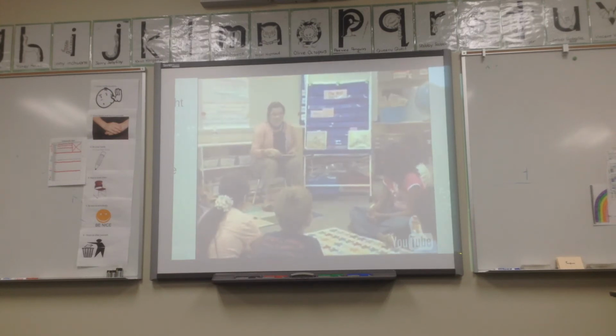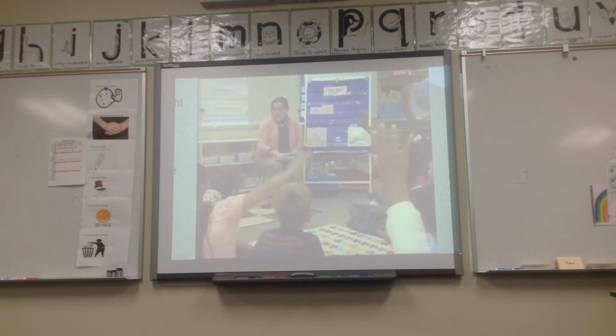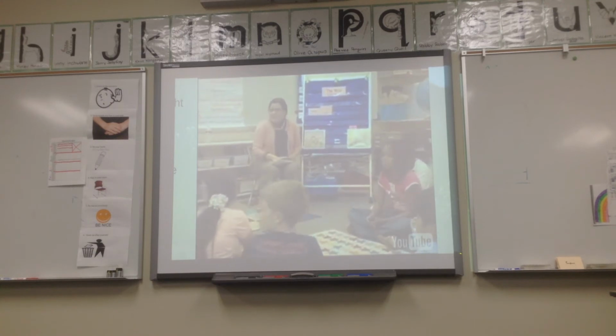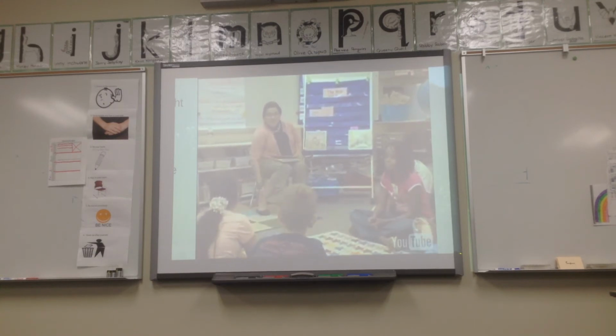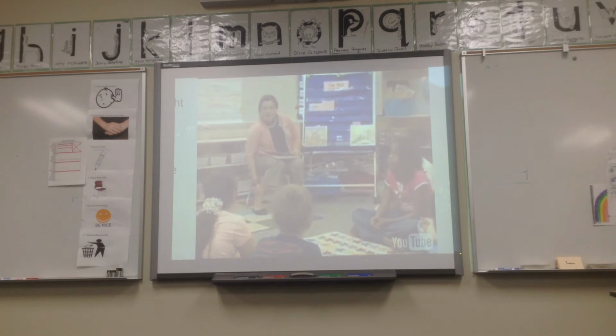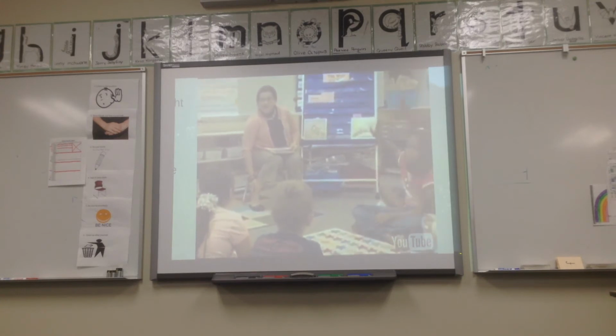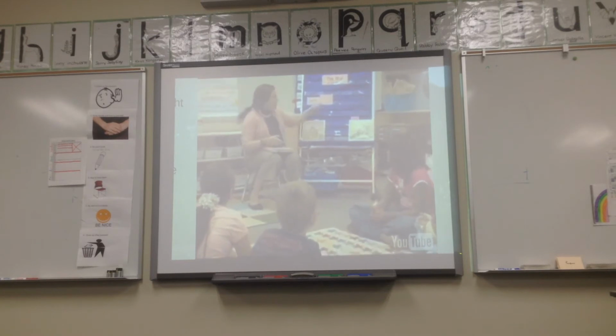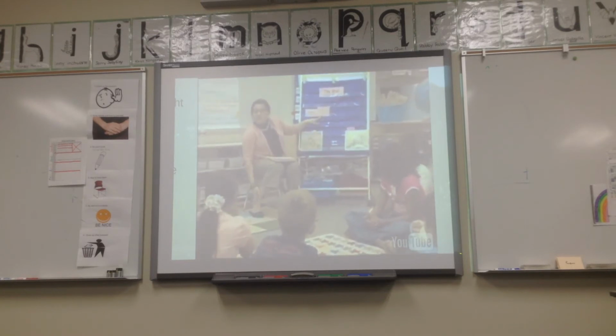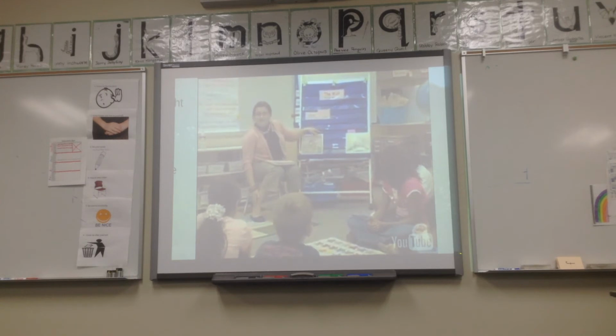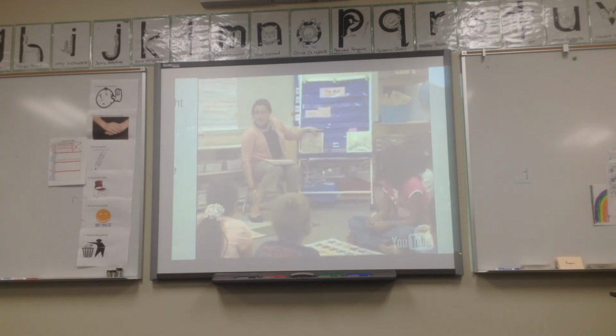Can anybody think of another example of a time we would use bear? Brianna? Bare feet. Oh, your bare feet. And if you had bare feet, what would that mean? Jamal? You wouldn't have no shoes or socks on. Yeah, no shoes or socks. So there's nothing there. Just like the tree is bare, your feet would be bare. You know that word? You've heard it?